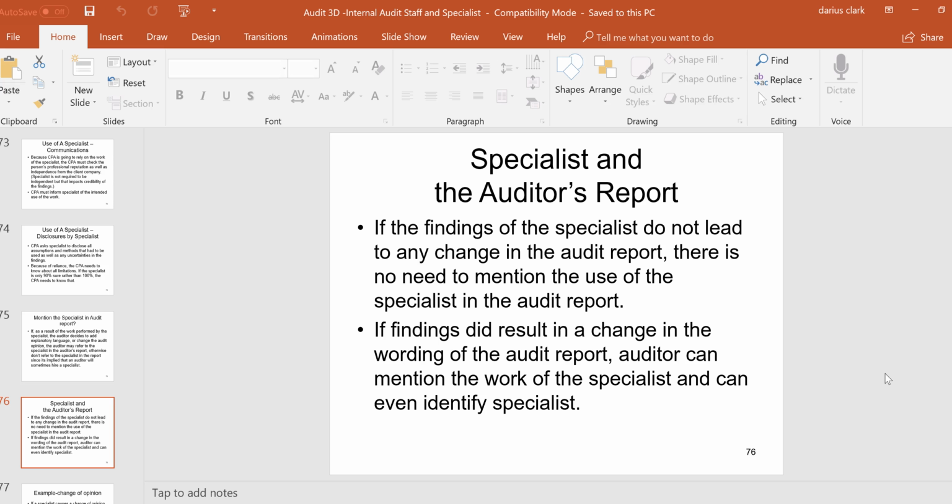If the findings of the specialist do not lead to any change in the audit report, so if the client says these diamonds are our inventory and they're real, and the specialist says, oh yeah, they're real, then there's no change in the audit report. There's no need to mention the use of the specialist. But if the findings do result in a change in the wording of the audit report, then the auditor can mention the work of the specialist and can even name the specialist.